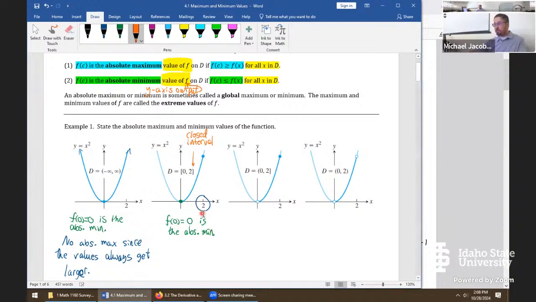So we don't mean the input 2, we mean what happens when you put 2 inside of y equals x squared, and we get a 4 out. So we get this value, a little dash line just for emphasis, and get 4. And we can now say f of 2 equals 4 is the absolute max.